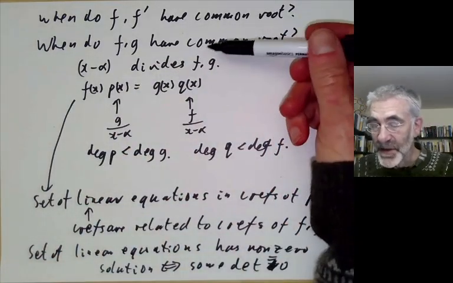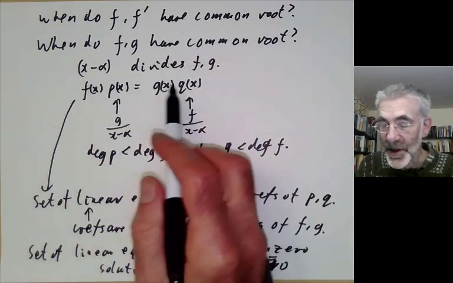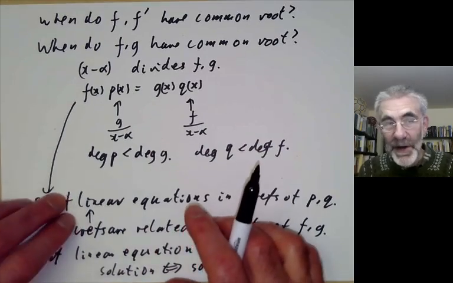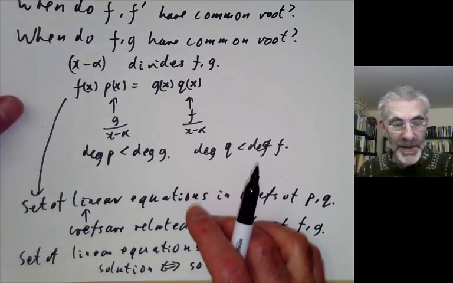So we have reduced the condition that f and g have a common root to some determinant being equal to 0. Now we need to sit down and calculate this determinant.